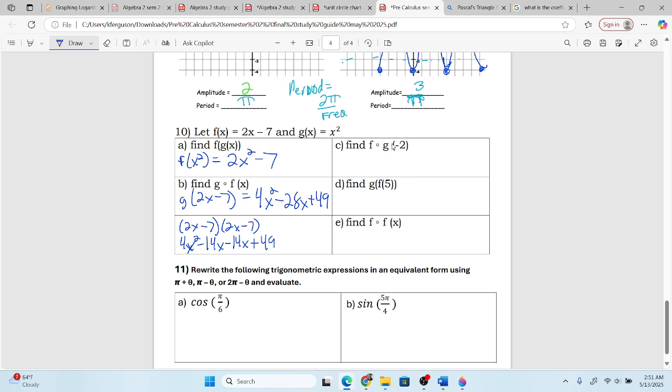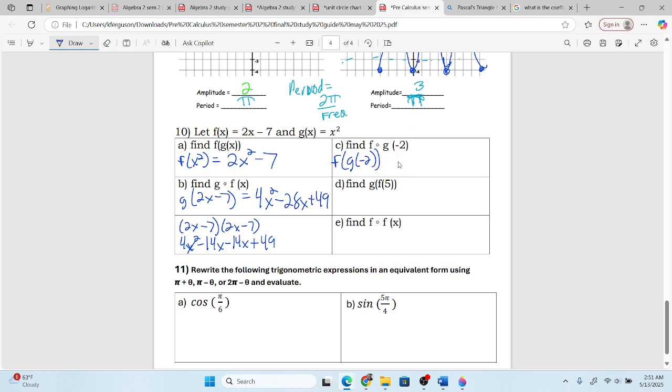Again, the innermost function. So I'm going to take g of g of negative 2. So g of negative 2, that's x squared.